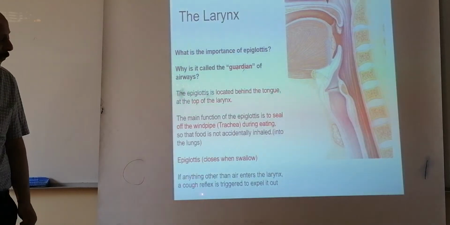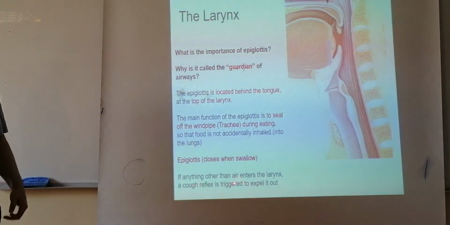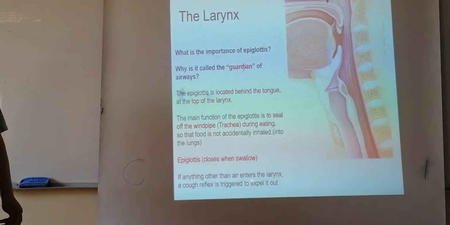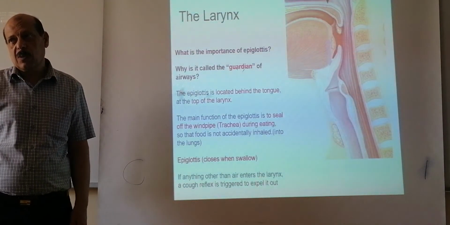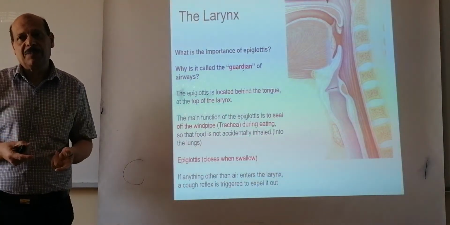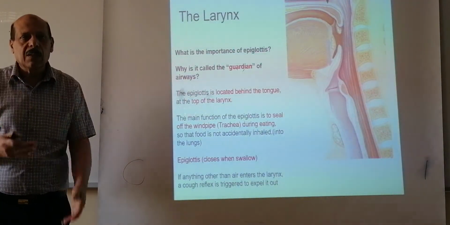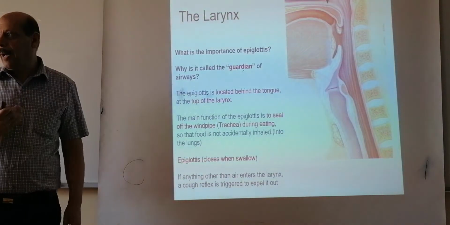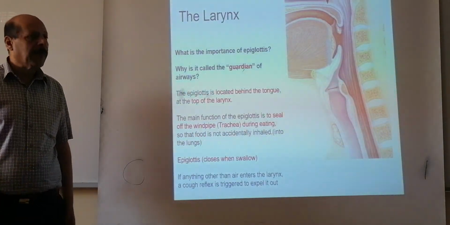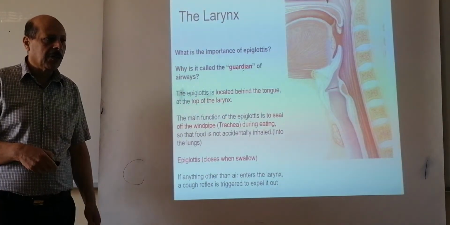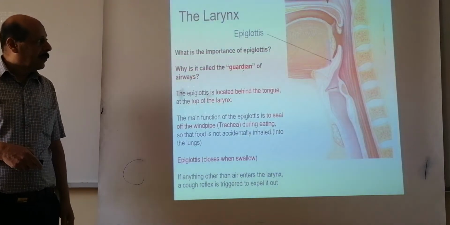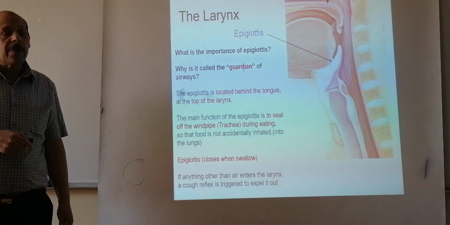As we said, if anything other than air enters the larynx, the coughing reflex will trigger and expel it. Immediately you will start coughing, and by coughing you will get those pieces out of your respiratory system. So this is the epiglottis.